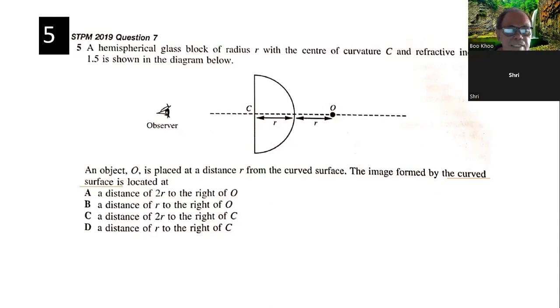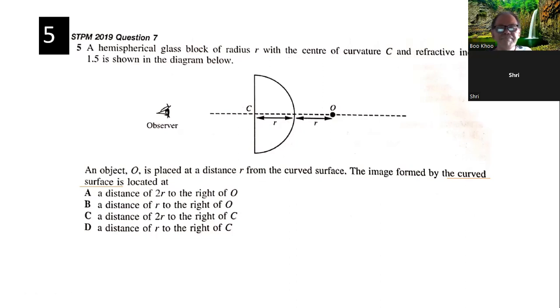The image formed by the curved surface is located at... Right? You want to find the image formed by this curved surface, not the whole thing. Remember that. You want this curved surface, not the whole glass block. Only this curved surface. Always read the question carefully.